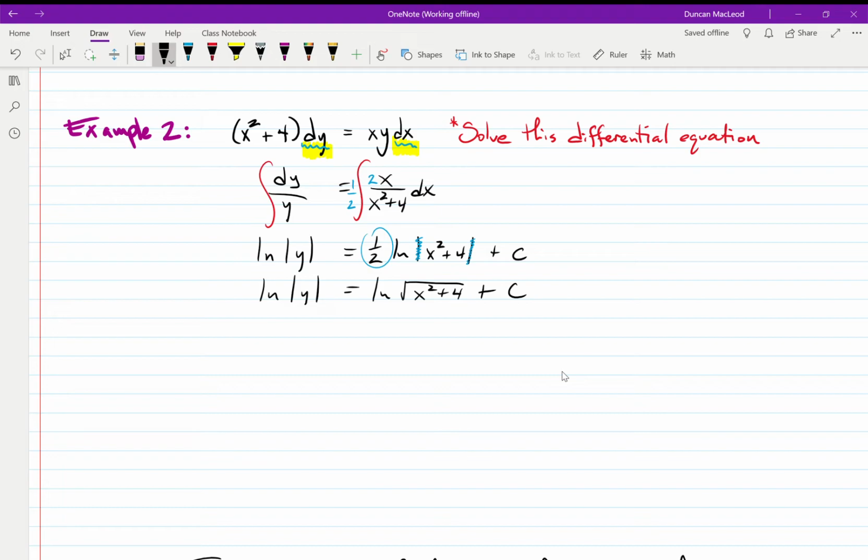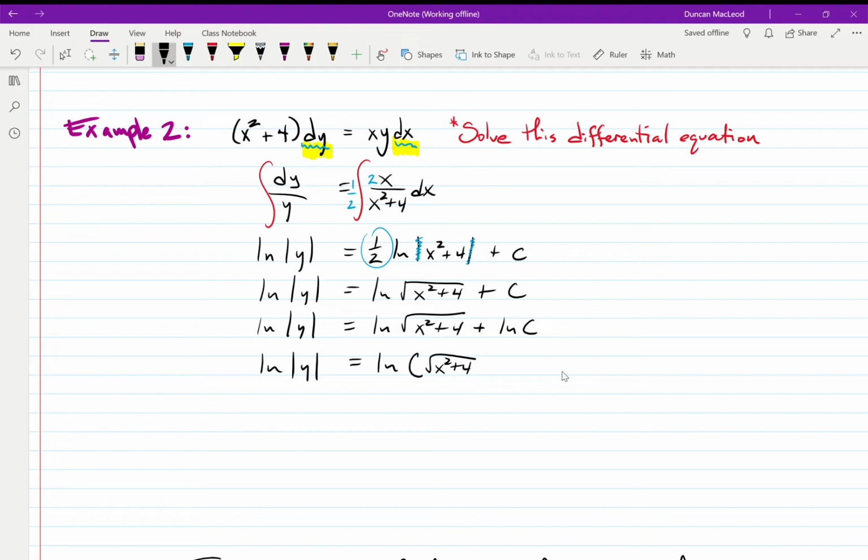It's a number that you're going to find later, so what I'm actually going to do is manipulate it, and I'm going to write it as ln of C, because it would still be something I find later. And the only reason I would want to do this is I can combine these two natural logs together. And I could write this as natural log of C times square root of x squared plus 4.